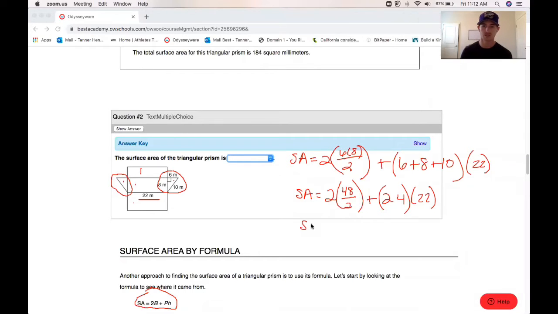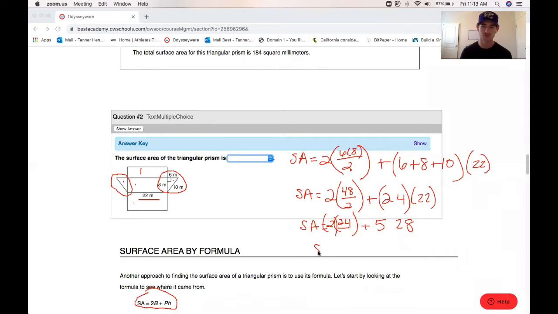What we got next is surface area. 48 divided by 2 is 24. Leave it like that, 24 and times 2 still. Sorry, it's a little sloppy. Plus 24 times 22 is 528. Make sure you double check on a calculator when you do those big numbers.